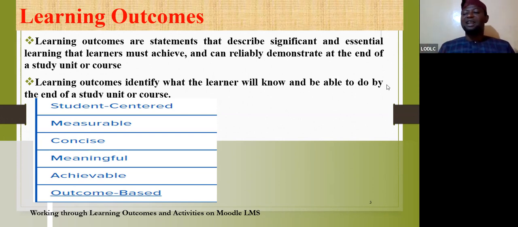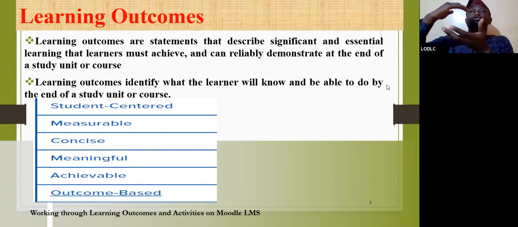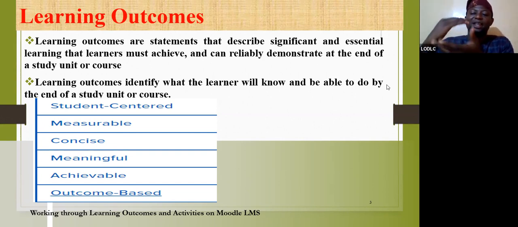The total number of learning outcomes for the population of students must be what? Achievable within the time frame. That is, learning outcomes should be structured in such a way that students should be able to finish them within the time frame allotted to them.